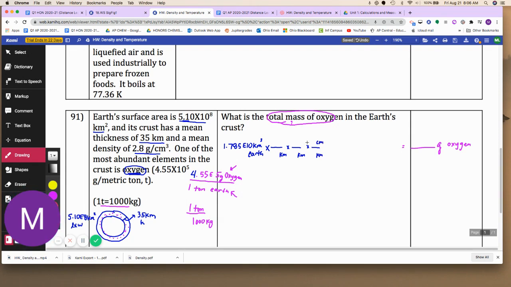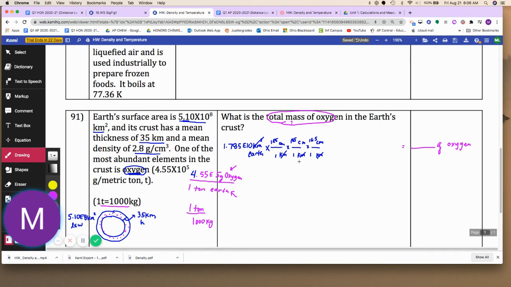Go to centimeter, 1e5, 1e5, 1e5. The reason I know I was doing it wrong is because I was about to cancel the kilometers and it wasn't matching. So I'm going to go ahead, and now I know I'm doing it right because the units are working out. And that's a big check.